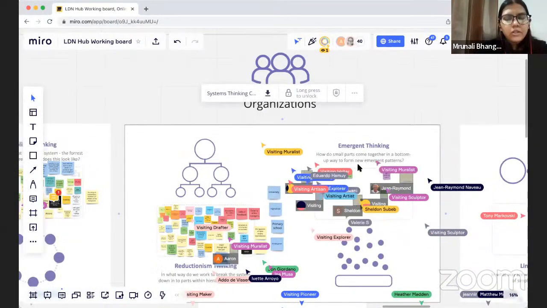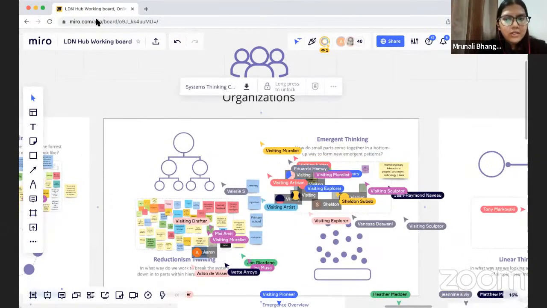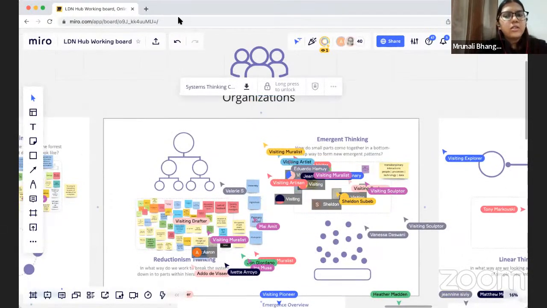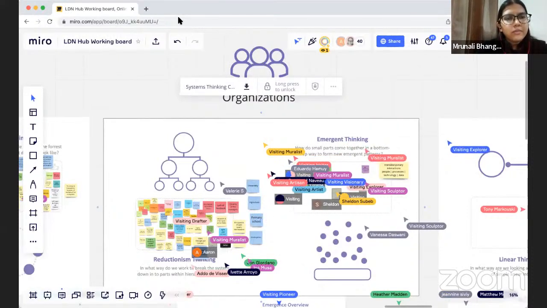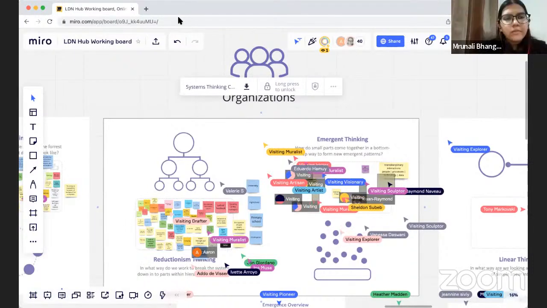And we have another question. It says, in what ways does a focus on addressing root causes counter systems thinking? In what ways does focusing on root causes count as systems thinking? Yeah. It's a tricky term, root causes.